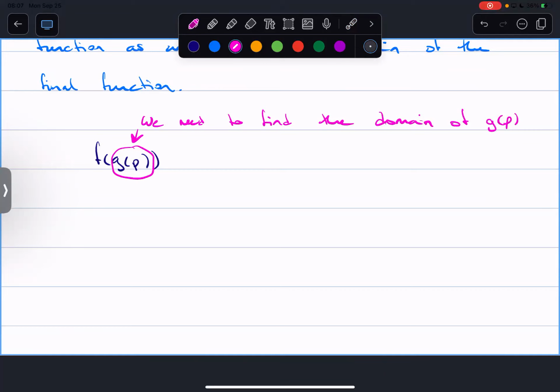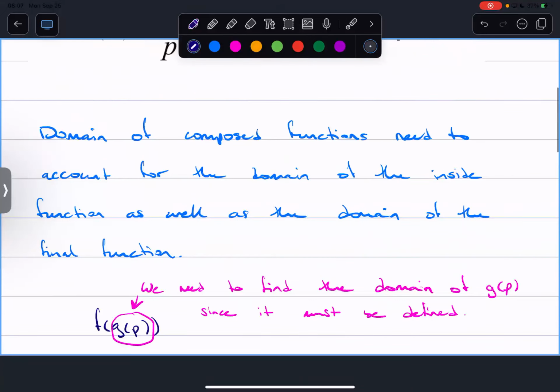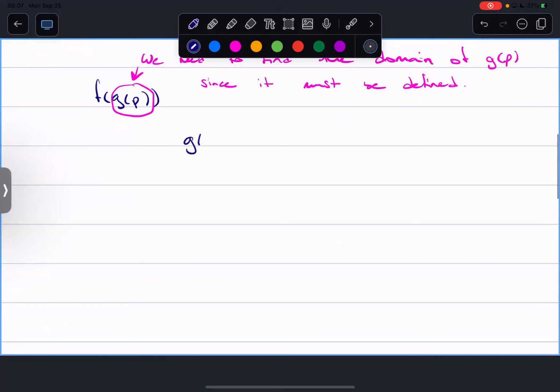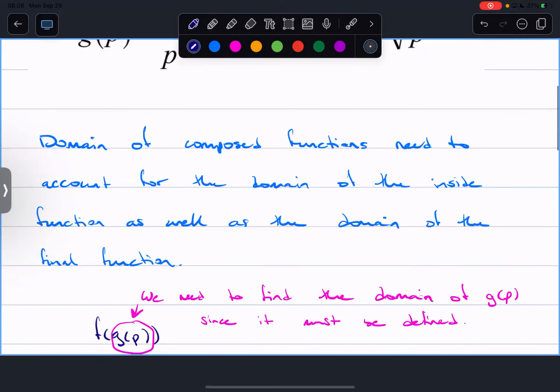It has to be defined before you can put it into another function. g of p was 1 over p, and f of p was the root of p?